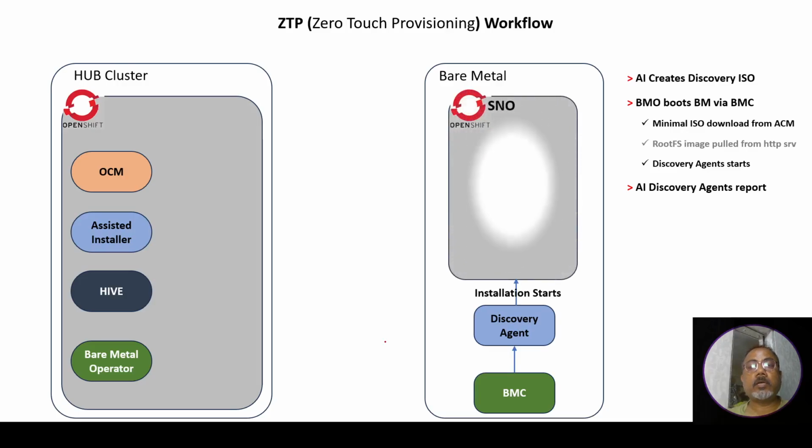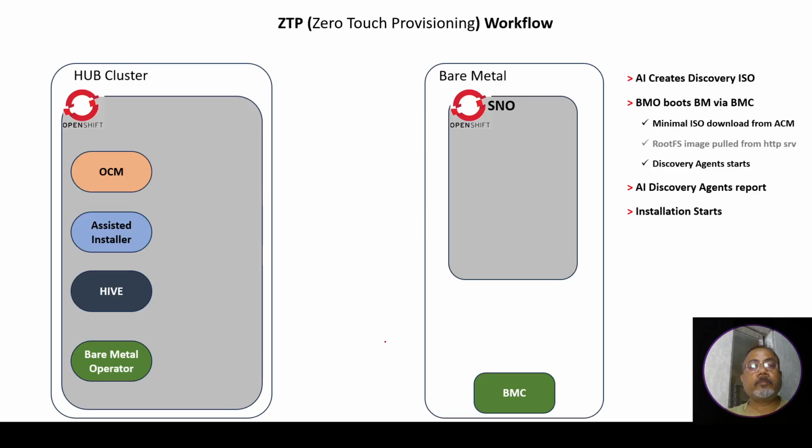So it will start the SNO installation, and once the SNO cluster is installed, Hive is going to tell OCM that OCP is already installed, now you can take care.